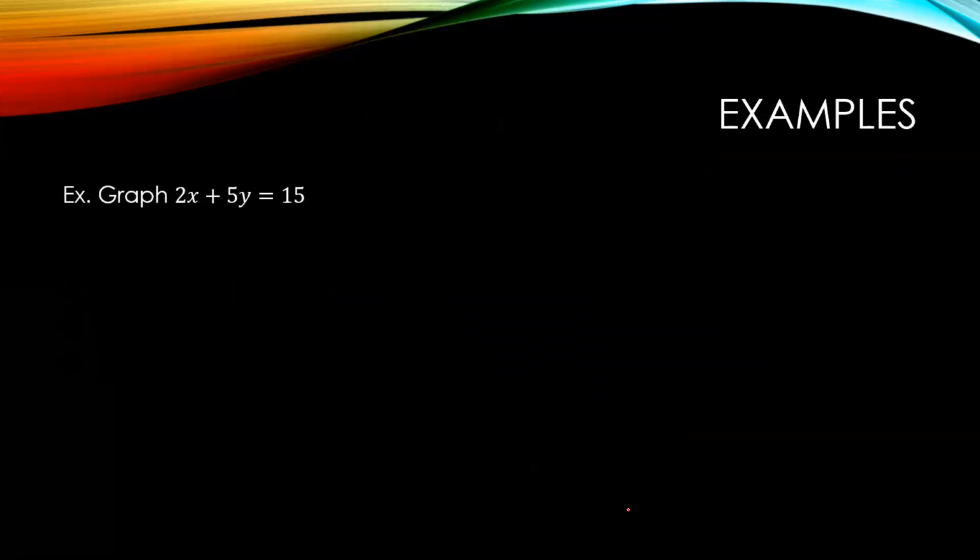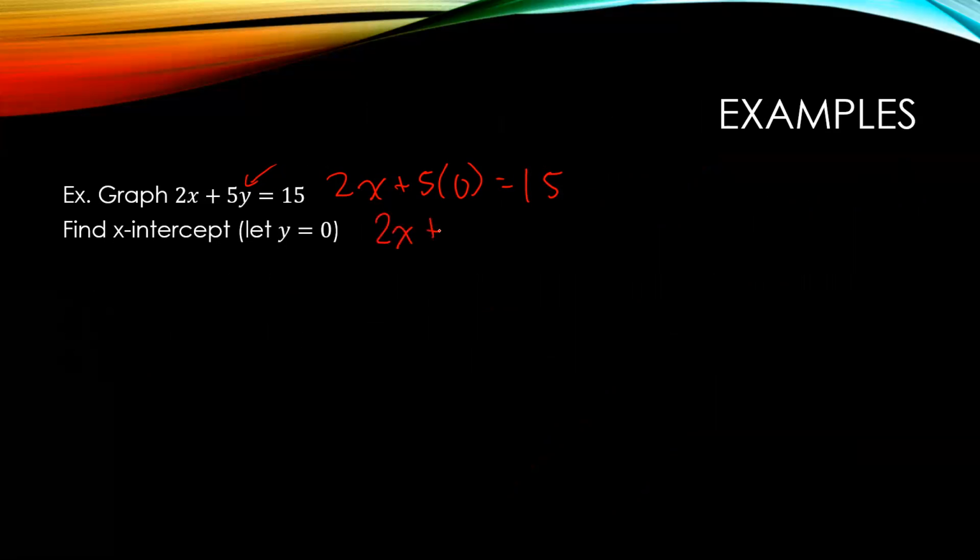So if I ask you to graph 2x plus 5y is equal to 15, first thing I'm going to do is identify what the x-intercept is. So to find my x-intercept, I'm going to let y equal 0. And we did this in the last lesson. When I let y equal 0, I end up getting 2x plus 5 times 0 is equal to 15. And obviously 2x plus 5 times 0, which is 0, ends up giving me 2x is equal to 15, right?